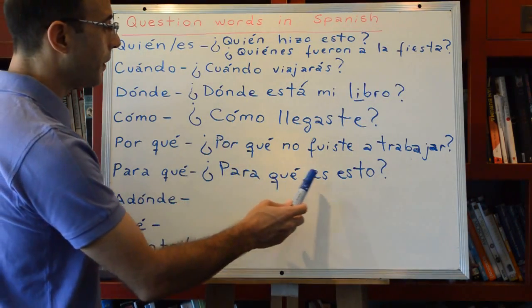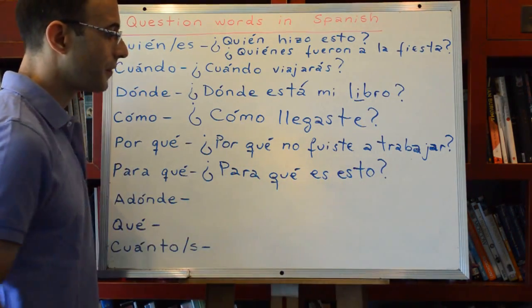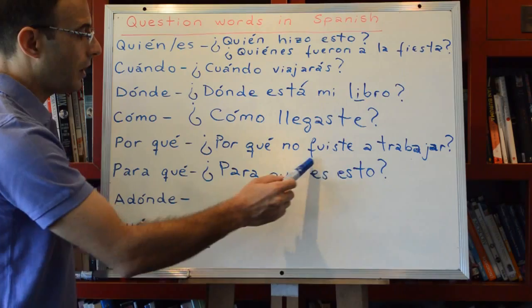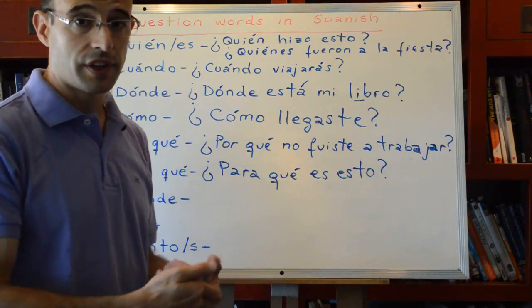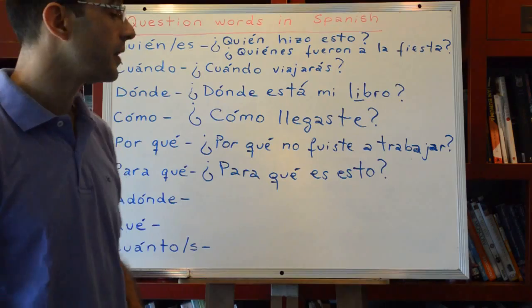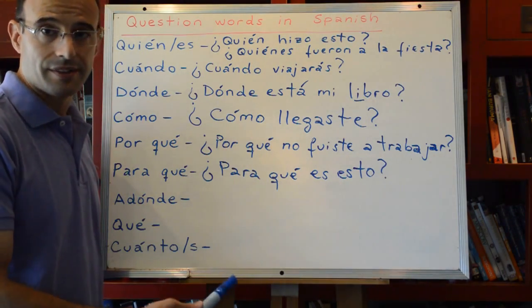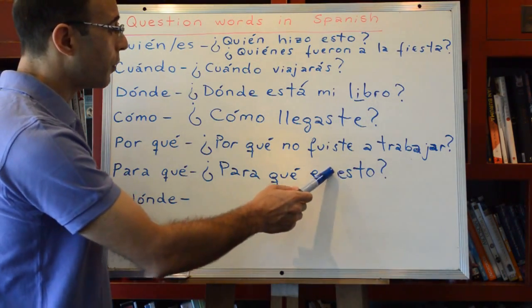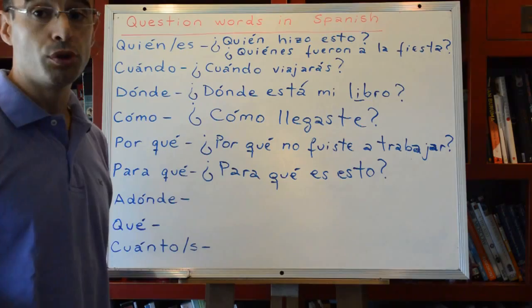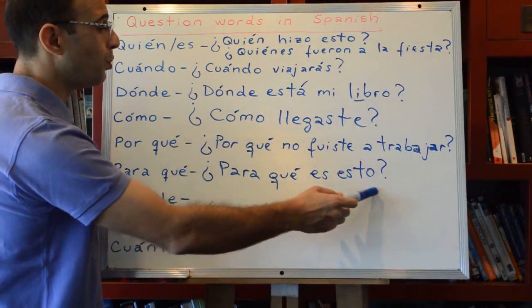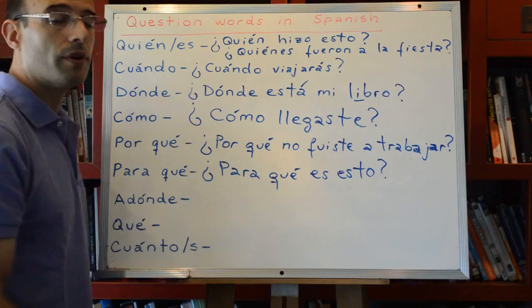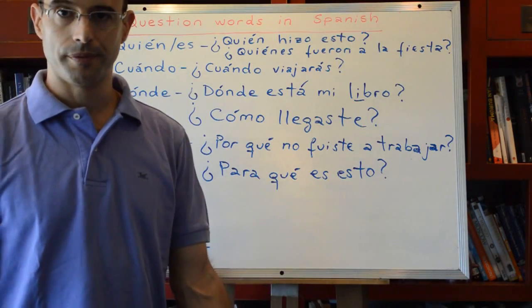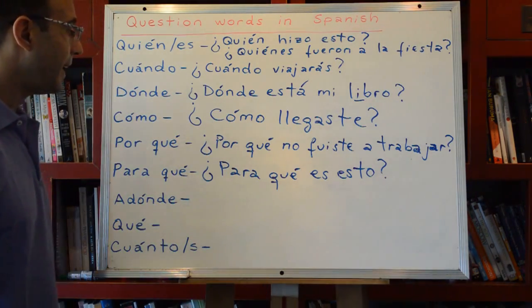What for is this. Es is a simple present for the third person in the singular, for he, she, it. In this case it would be it. And for the verb ser, or the verb to be. Esto means this. So, what for is this? Or, what is this for? Okay? ¿Para qué es esto?